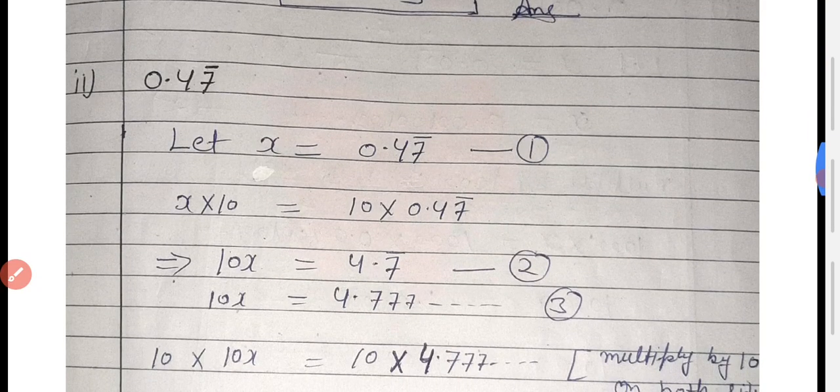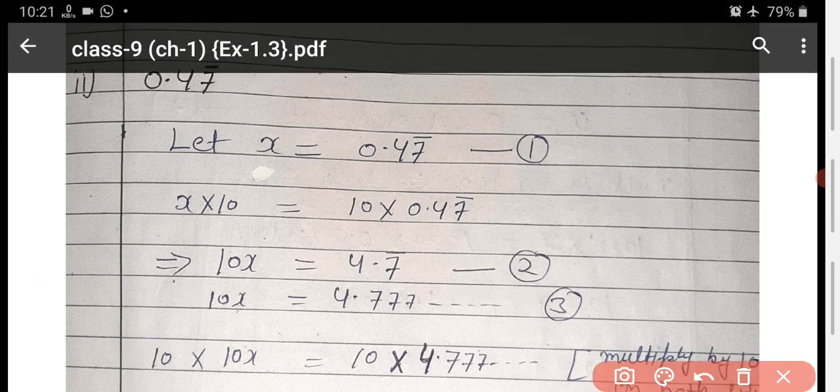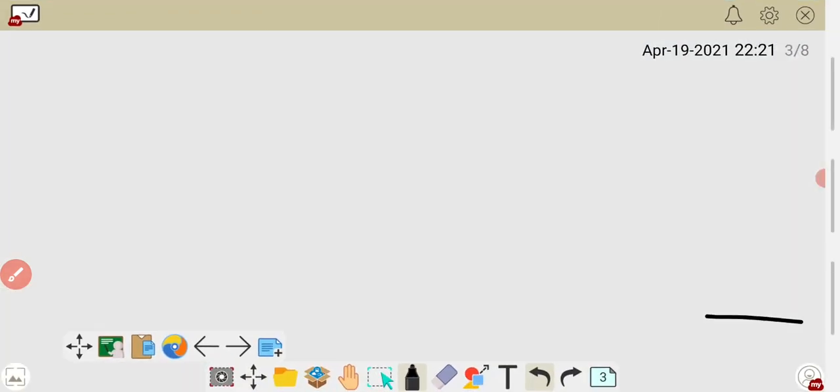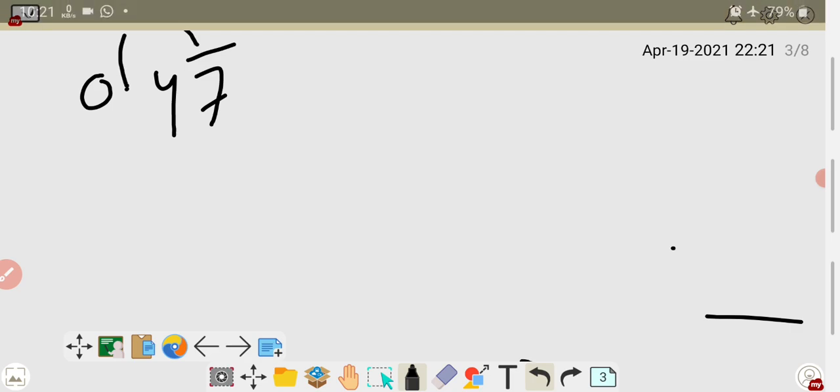In the second part, 0.47 bar. As I told you in detail, first the decimal must be present just near the bar. So your question is like that, again I am explaining here. 0.47 bar. Now check, the decimal is not present near this bar.